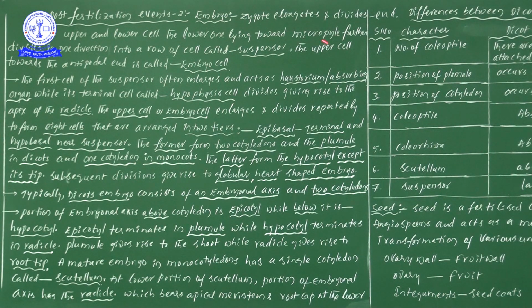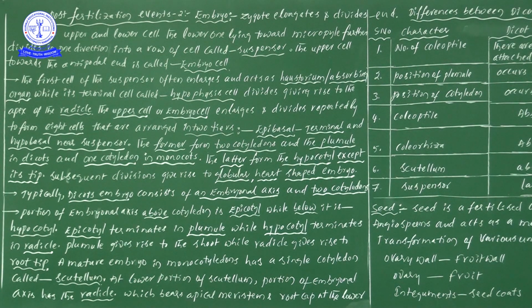If the micropylar region is on the lower side, it means the ovule structure has the micropylar region down and the chalazal region up. We are observing an inverted ovule structure. Generally we take the orthotropous ovule type, but here the anatropous ovule information is given. In the anatropous ovule, the micropylar region is down and the chalazal region is up.